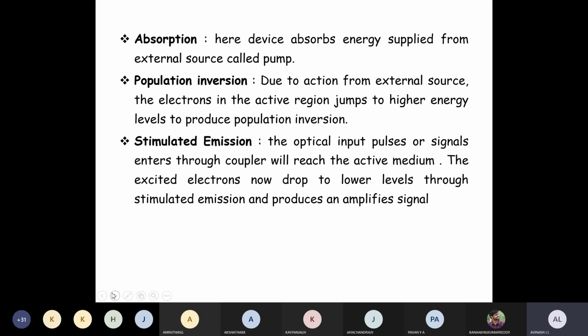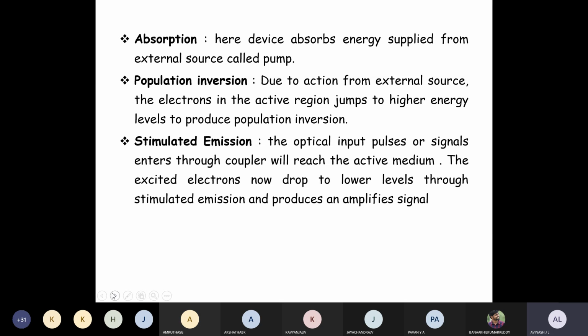Now, population inversion. What do you mean by population inversion? Due to the action of an external source, the electrons in the active region jump to a higher energy level to produce population inversion.